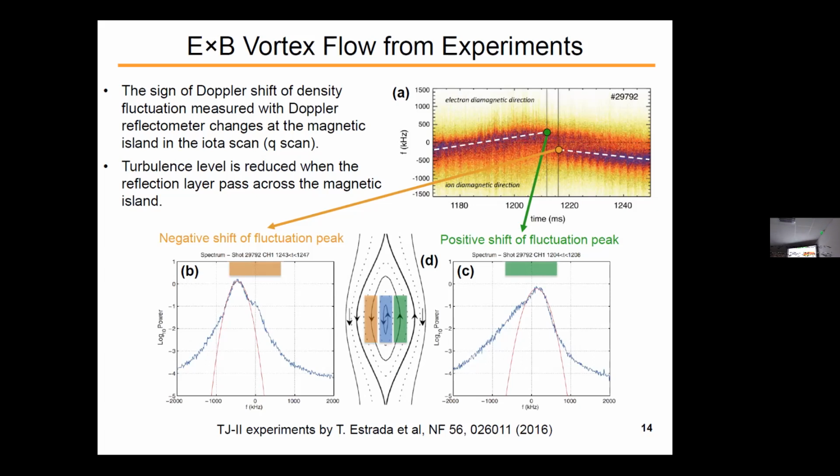You can deduce that the Doppler shift changes sign, so that the vortex structure inside the magnetic island going like this is compatible with this experimental measurement. So we believe there is an E cross B vortex flow inside the magnetic island.